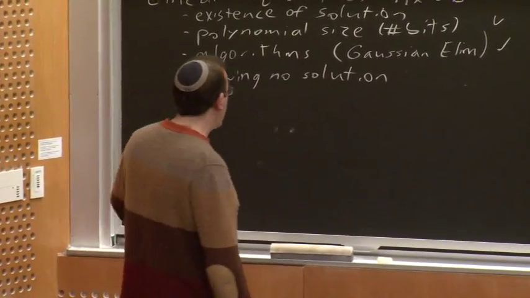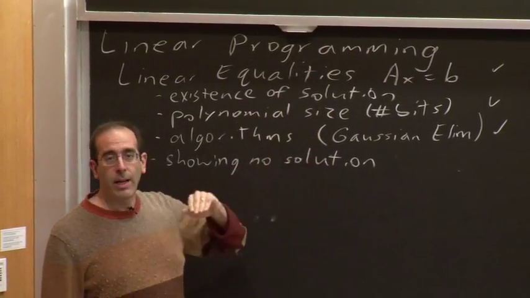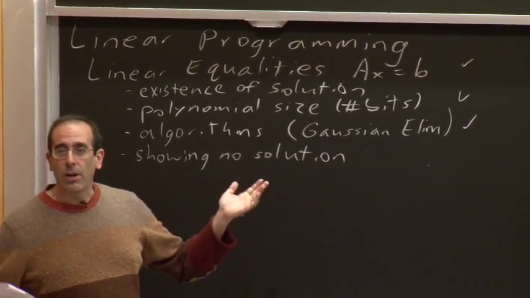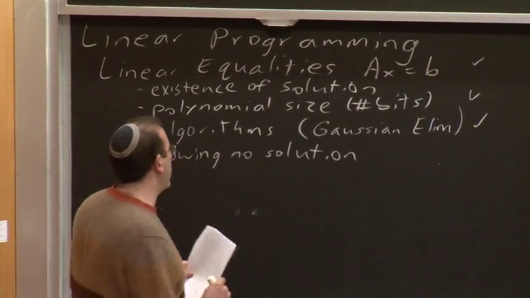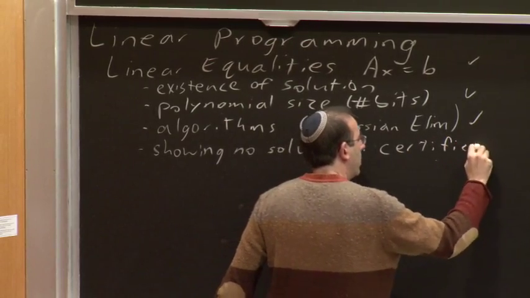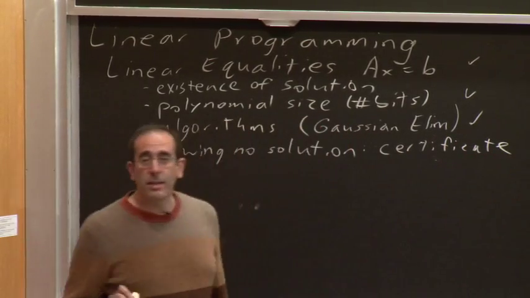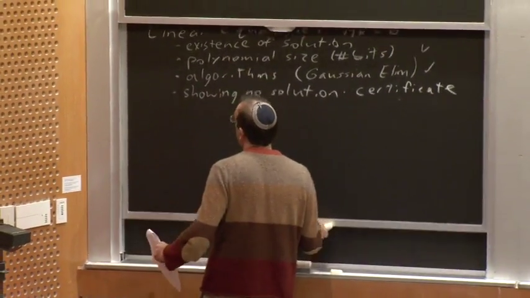So technically, the way to show that there's no solution might be to just tell somebody, well, try running Gaussian elimination, and it's not going to work. But it's better if you can give a concrete certificate.